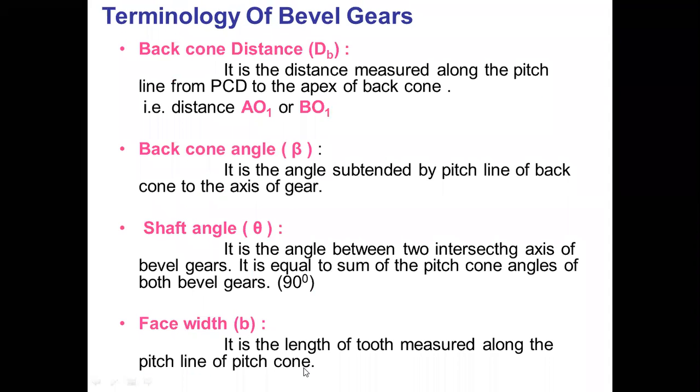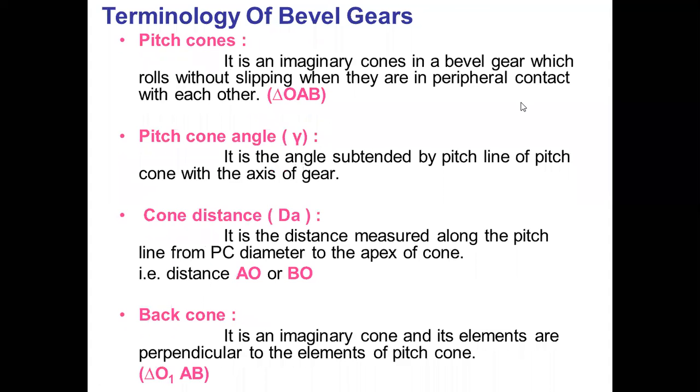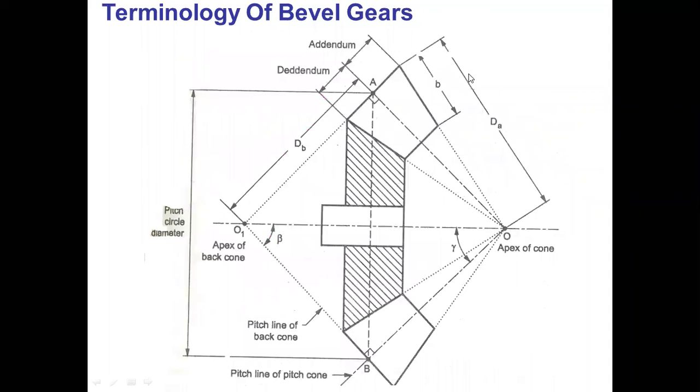The next terminology is back cone distance. It is the distance measured along a pitch line from the pitch circle diameter to the apex of the back cone. It is similar to the cone distance, but it is measured at the back side of the gear, so it is called the back cone distance.